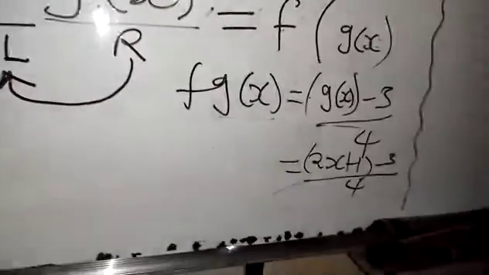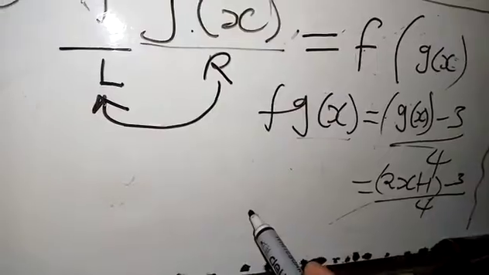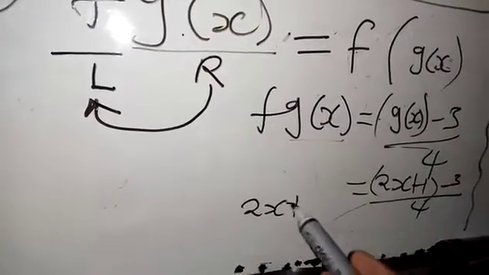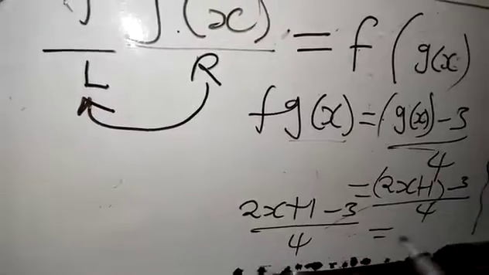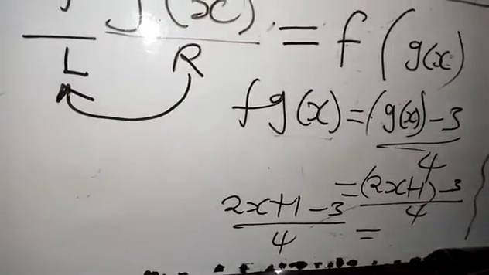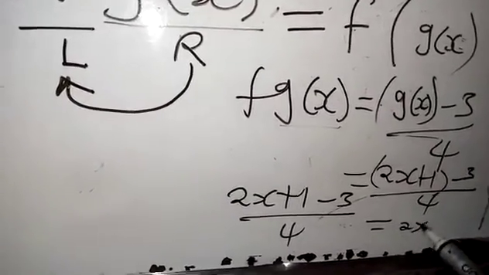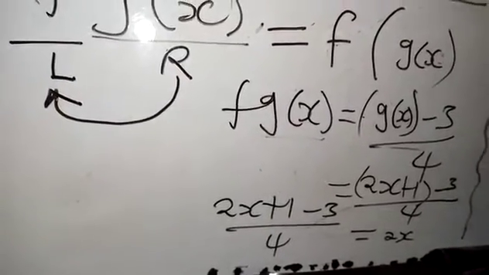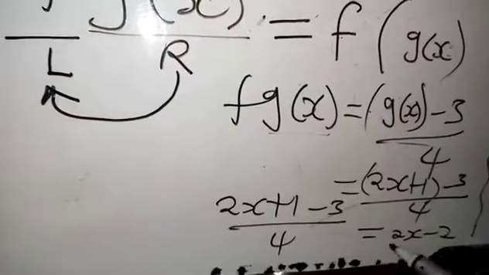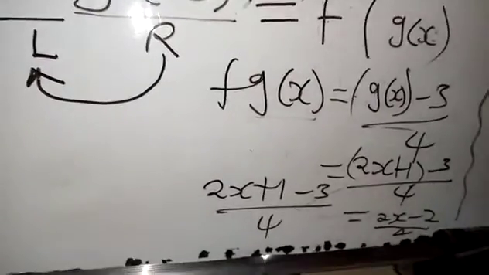From here you can expand. We are going to have 2x plus 1 minus 3 over 4. And our final answer will be 2x, then 1 minus 3. Get the sign from the bigger number, then subtract the 2. So it will be minus 2 over 4.